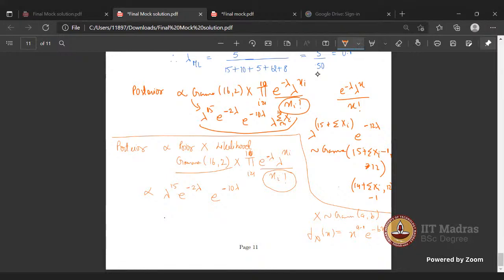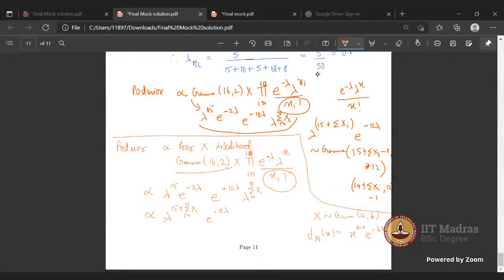Correct? Fine. And the lambda power becomes sum over xi, where i varying from 1 to n. Okay. Now, this you can write as lambda to the power 15 plus sum over xi, i varying from 1 to 10, e to the power minus 12 lambda, right?